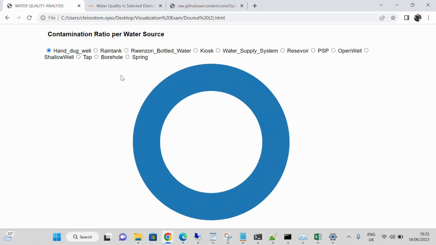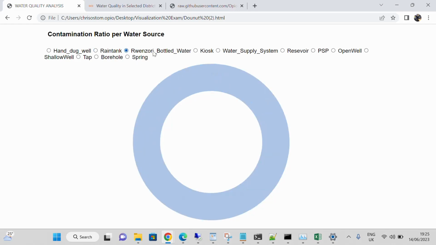So in the hand dug well, of all the hand dug wells that were sampled, all of them were contaminated. Rain tank, of all the rain tanks that were sampled, all of them were contaminated. Kiosk had 50-50. Then water supply system, none of them was contaminated.